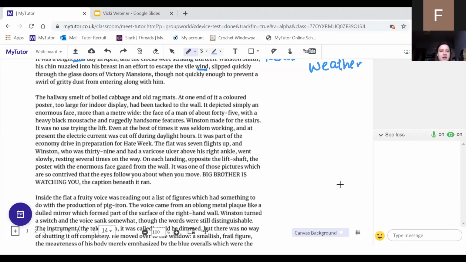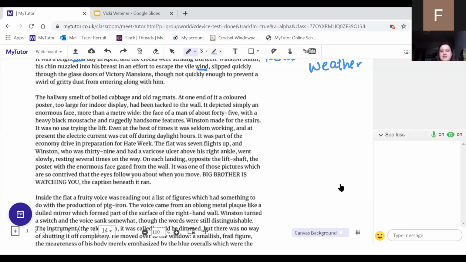It was part of the economy drive in preparation for Hate Week. The flat was 7 flights up, and Winston, who was 39, had a varicose ulcer above his right ankle. Went slowly, resting several times on the way. On each landing opposite the lift shaft, the poster with the enormous face gazed from the wall. It was one of those pictures which are so contrived that the eyes follow you about when you move. Big Brother is watching you, the caption beneath it ran.